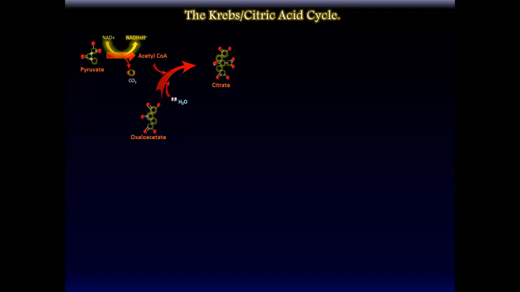And this generates citrate. Okay? Combination of oxaloacetate with acetyl-CoA generates citrate. Citrate changes to isocitrate. Okay? Basically, in this case, it is moving this hydroxyl group from there to its neighboring carbon over here. So just kind of like shifting that hydroxyl.